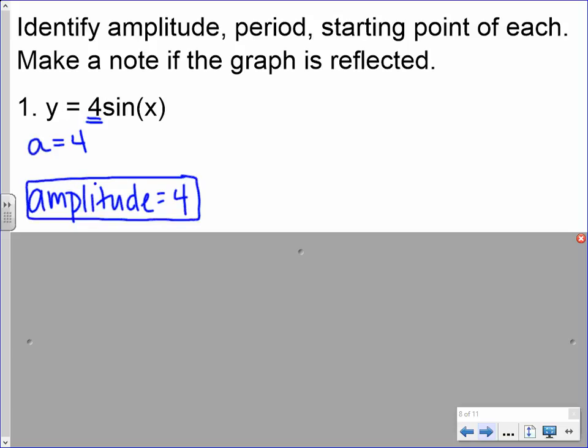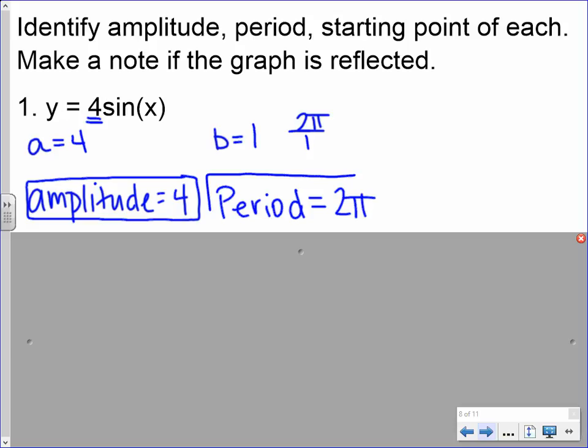What is our B value? What is that coefficient of x? 1. This is when it's nice. So for the period, we take 2 pi divided by b. Well, in this case, b is 1. So our period is 2 pi.